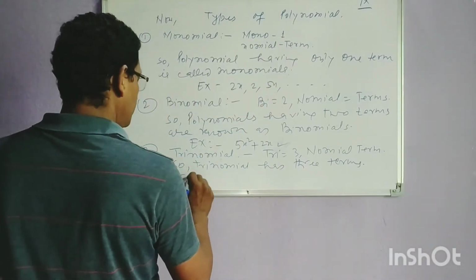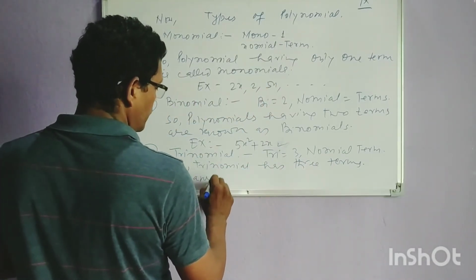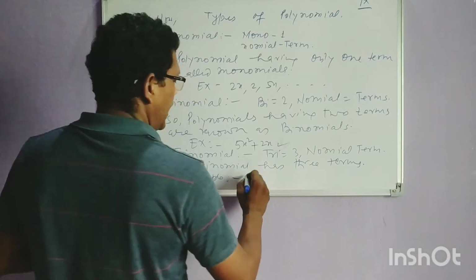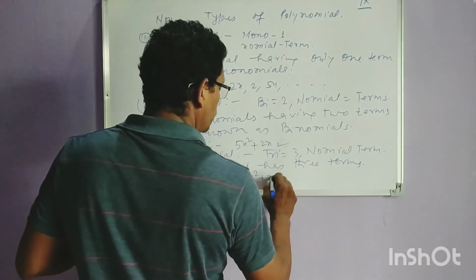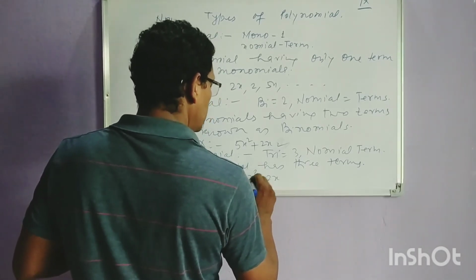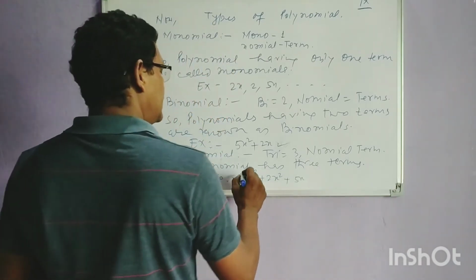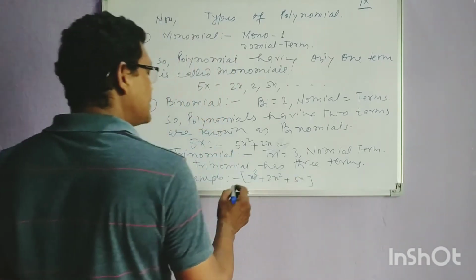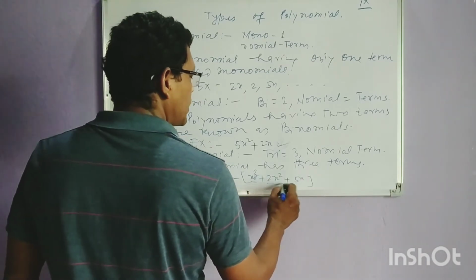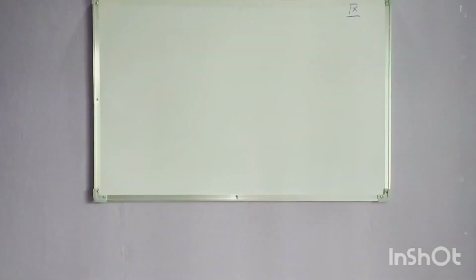Example x cube plus 2x square plus 5x. It is a trinomial as it has first, second, third, 3 terms.